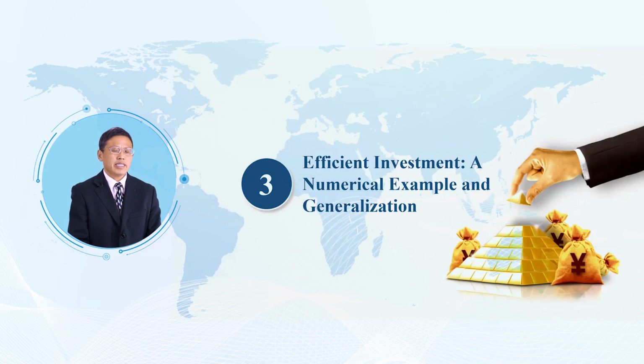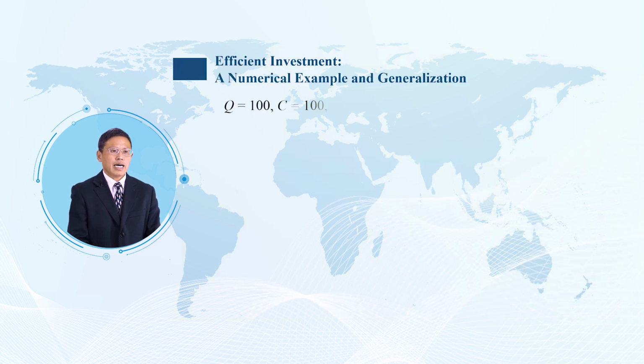3. Efficient investment, a numerical example and generalization. Let's start with a country that has output of 100, consumption say of 100, 0 investment, a 0 trade balance, and 0 external worth. But now, suppose there is a shock in year 0 that takes the form of a new investment opportunity.